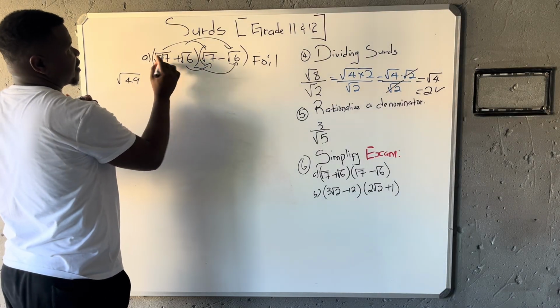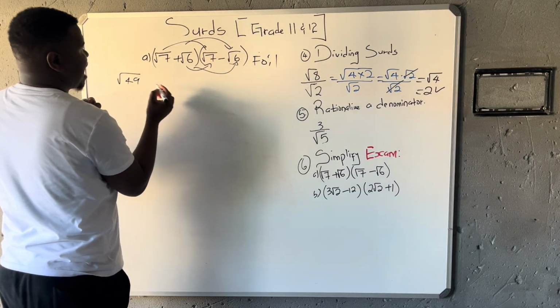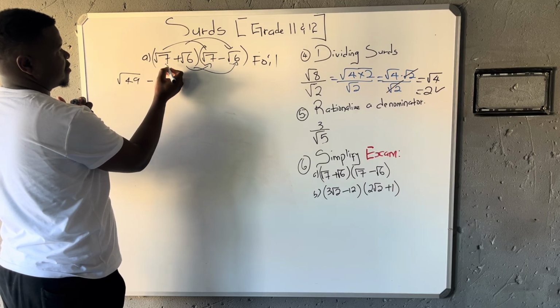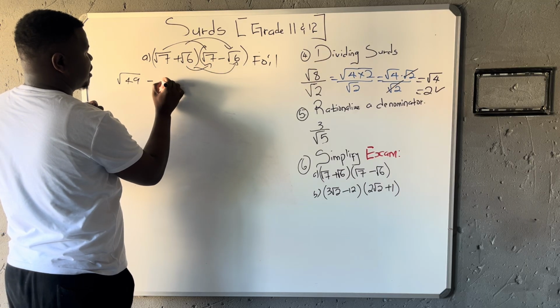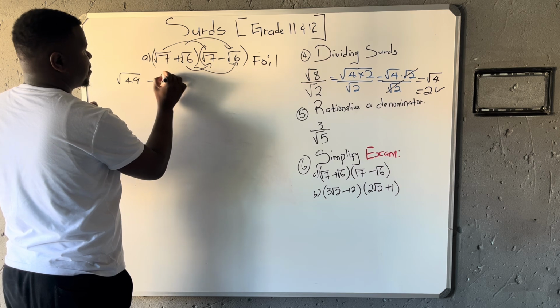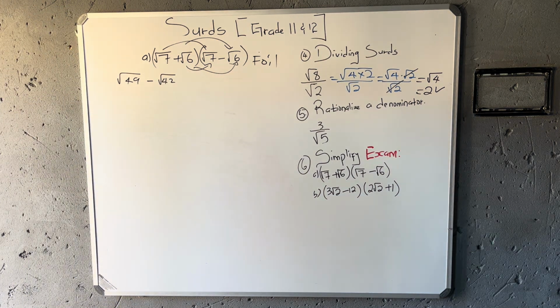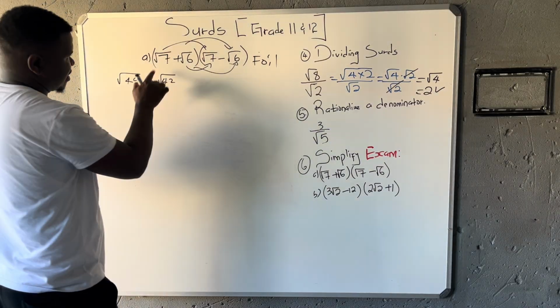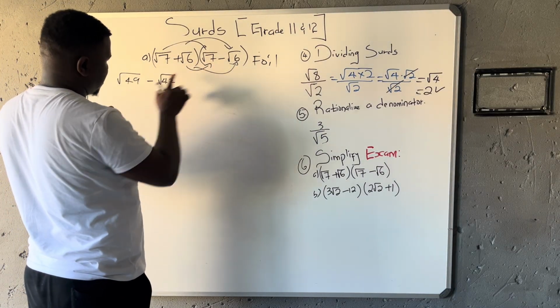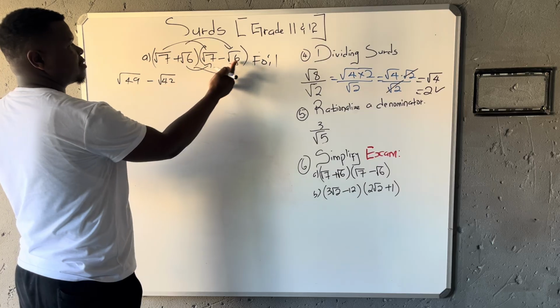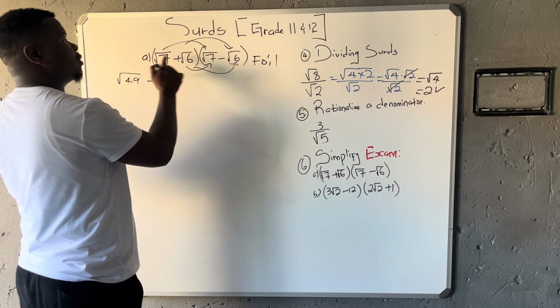When we say square root of 7 times square root of 6, I'm concerned about the numbers inside. 7 times 6, that will be 42, but within the square root. And then obviously it's a negative, because a positive number and a negative number gives us a negative. Square root of 42, still within the square root.